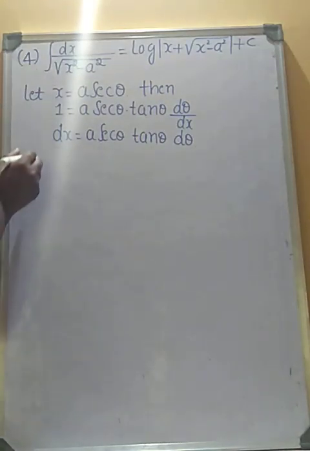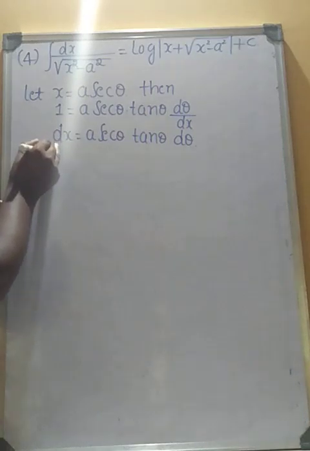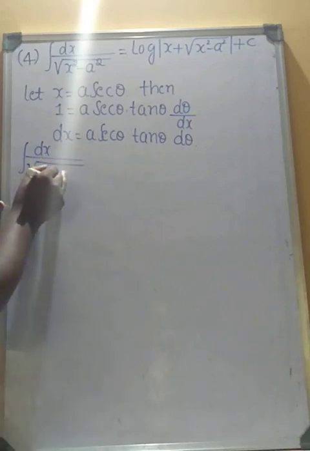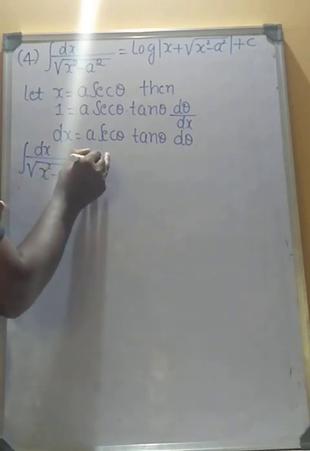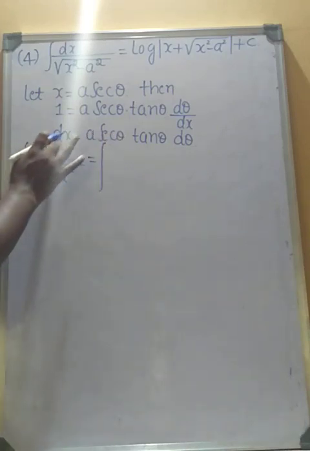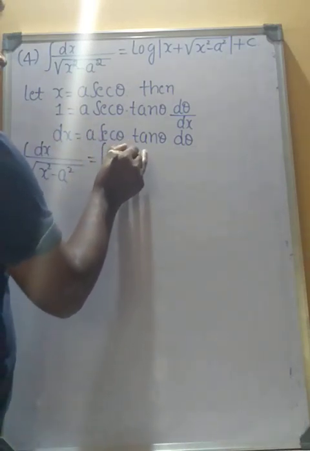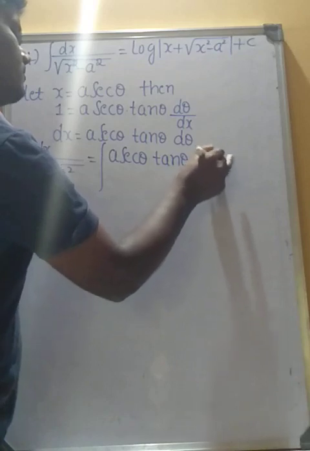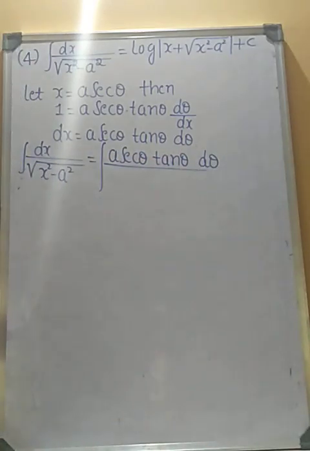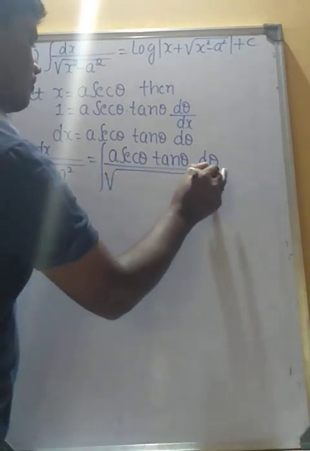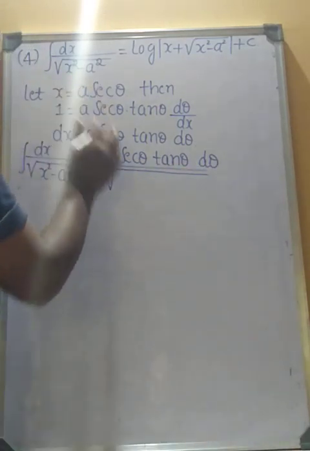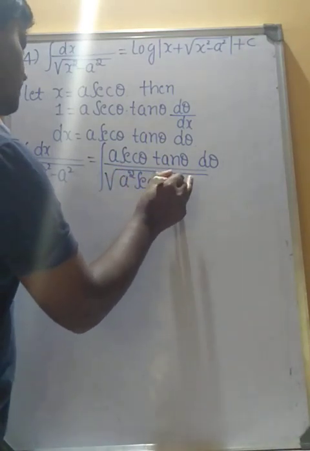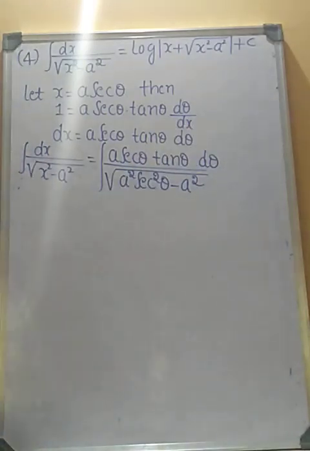Substitute in the given integral. Integral of dx dividing by root of x square minus a square equals integral of, what is dx? dx is a secant theta into tan theta into d theta dividing by root of x square. What is x? a secant theta, then x square is a square secant square theta minus a square.